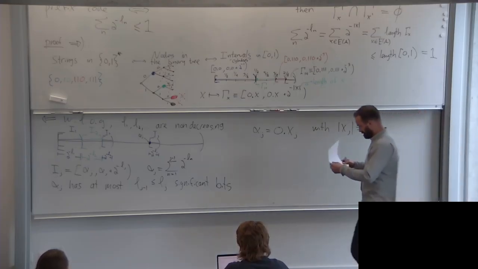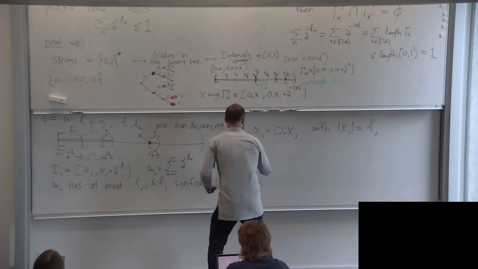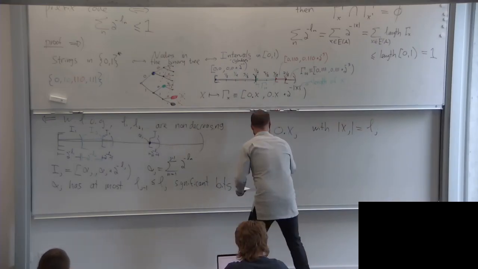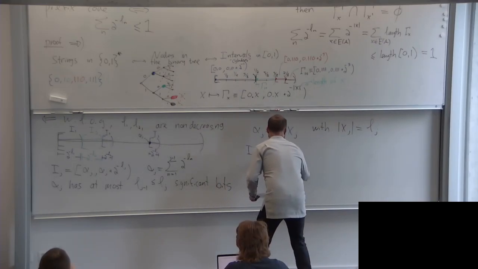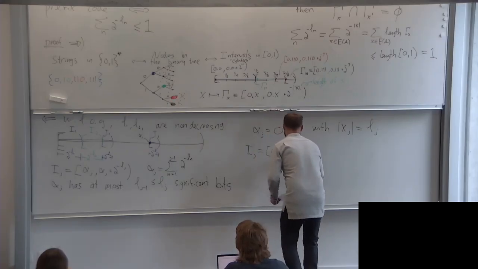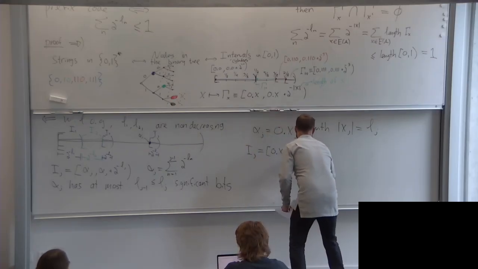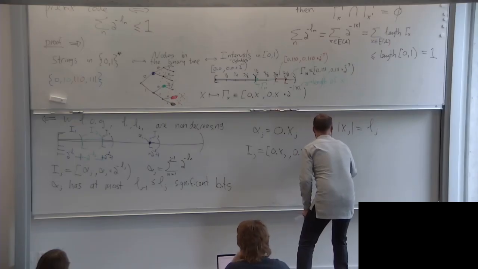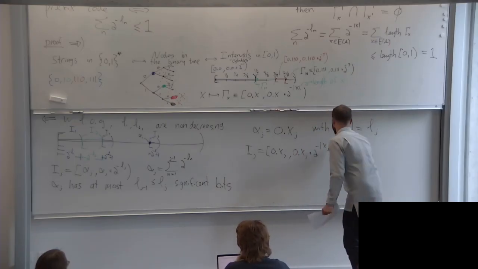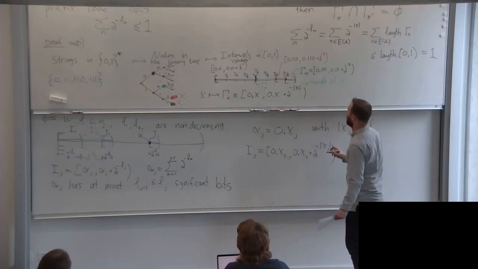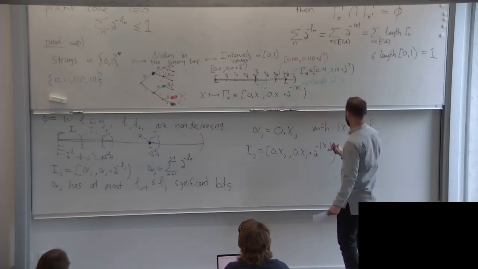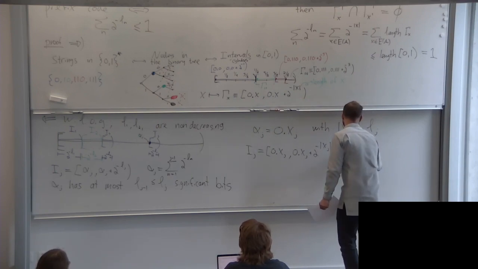So in other words, Ij is equal to 0.xj, comma, 0.xj plus 2 to the minus length of xj. Hang on, we recognize that form. That looks exactly like gamma of xj.